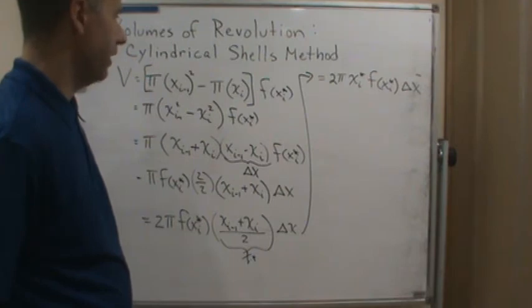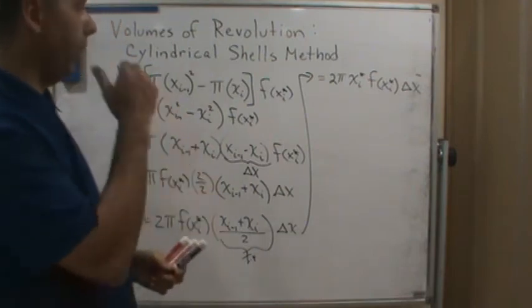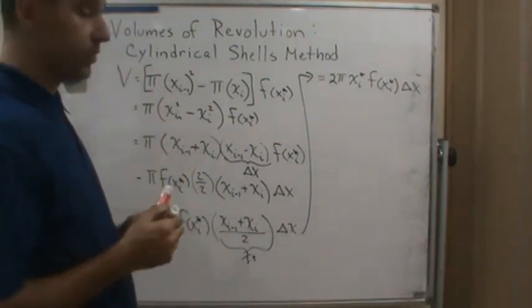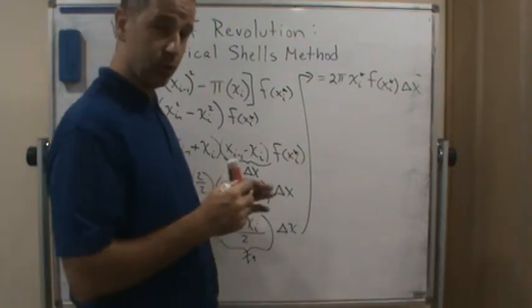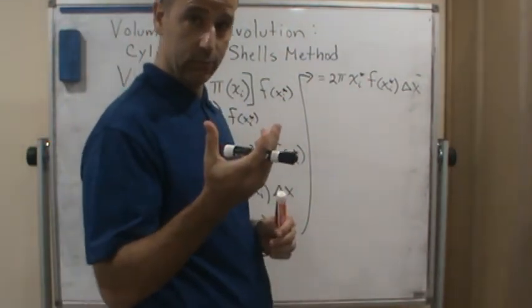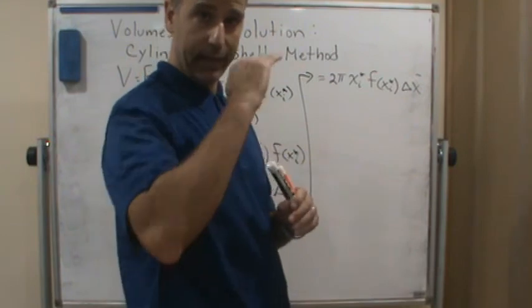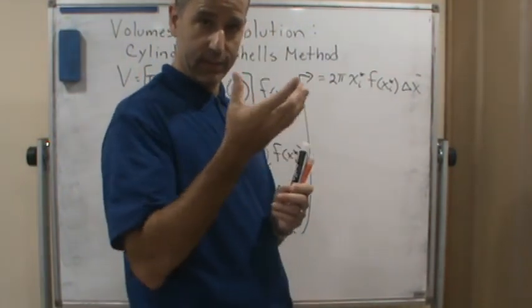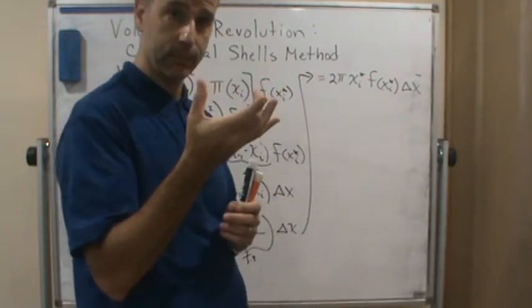What do we actually have here? Well, let's go back to the cylindrical shell. Let's say we have a Coke can that we cut off the top and the bottom, so we've got this cylindrical shell of a Coke can.